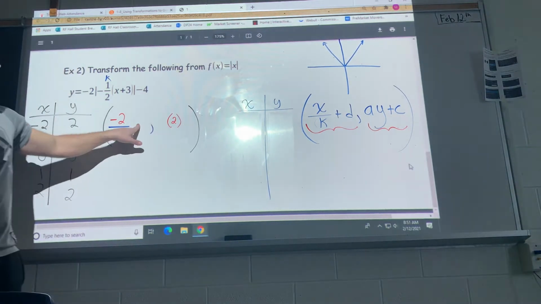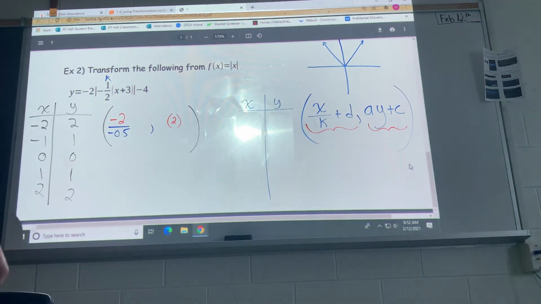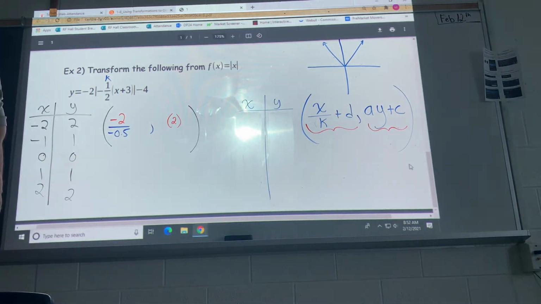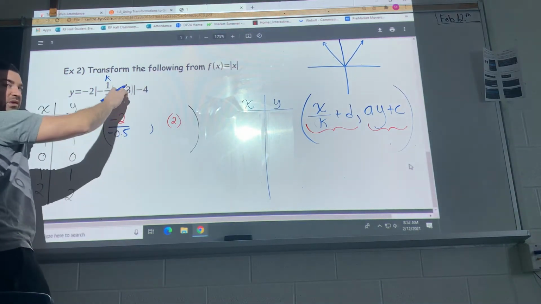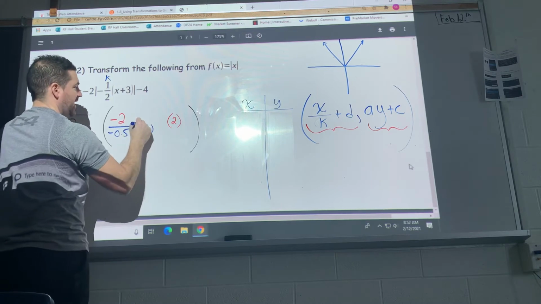Okay, what is our D value? D value. Okay, so I have 3 and I have a -3. It is -3, good. So when we're moving from the bracket, I know it's +3 here, but when we substitute it, it's -3.